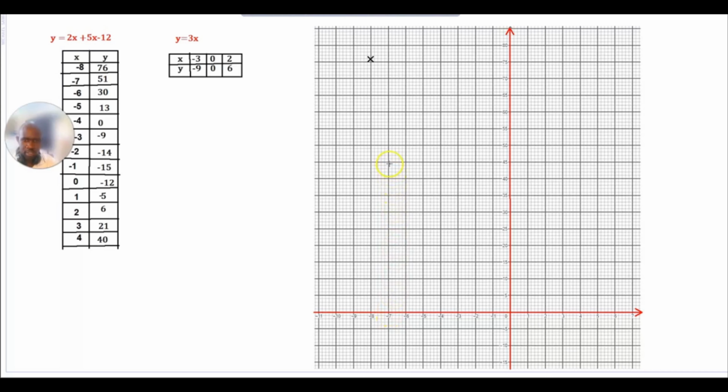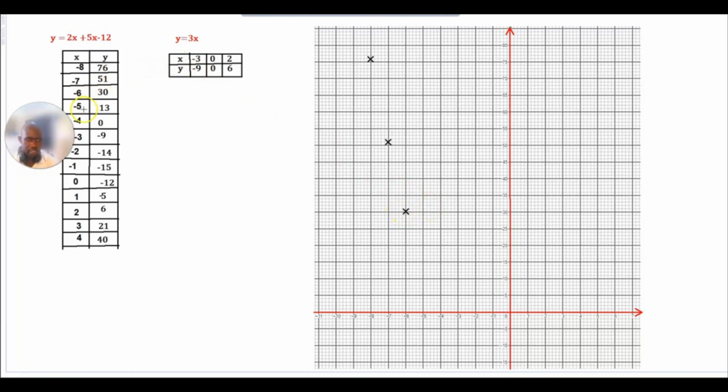Minus 7, we move to 51. Put that mark. When x is minus 6, y is 30. Minus 6, y is 30. So that's the point.